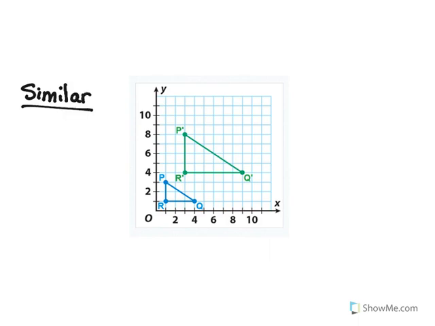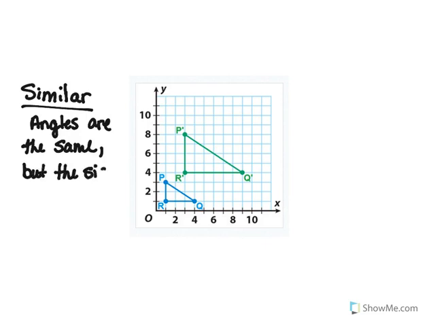means that the angles are the same, but the side lengths just have to be proportional.